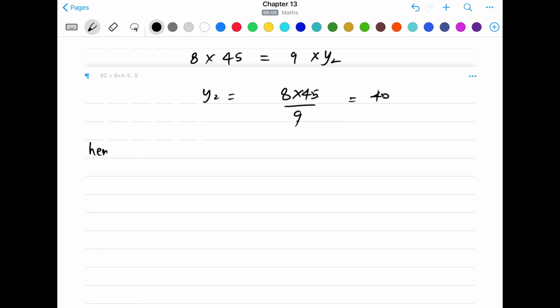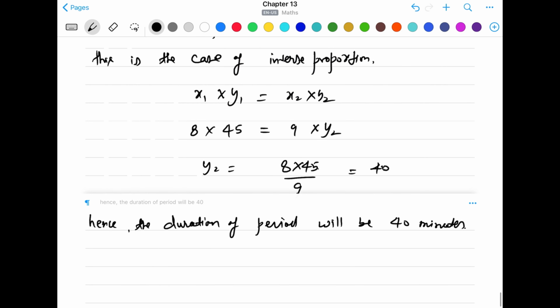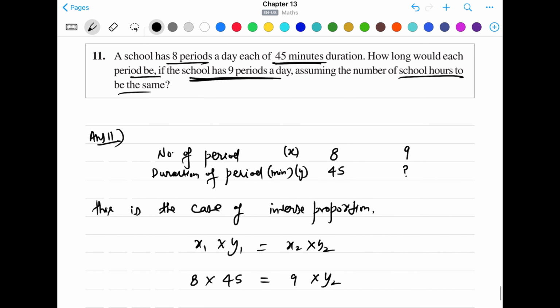That means the duration of a period will be 40 minutes. So that's the solution for question number 11 of exercise 13.2.